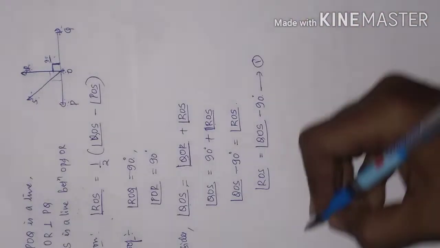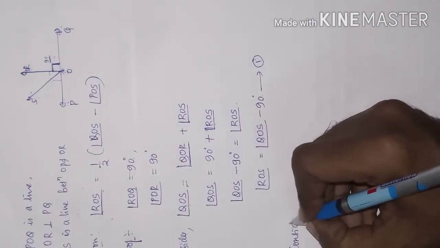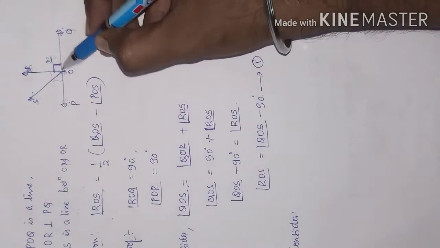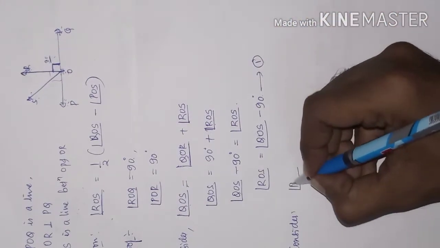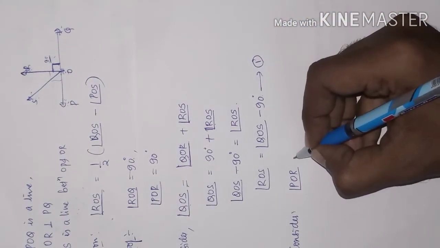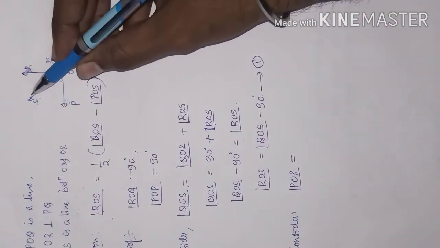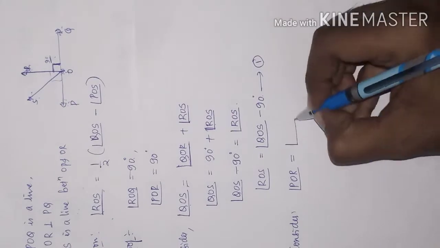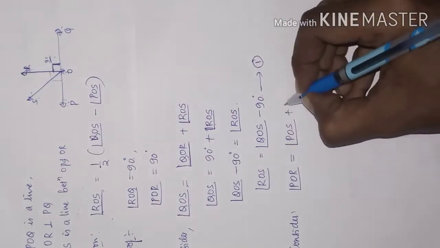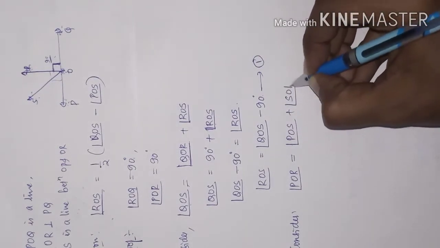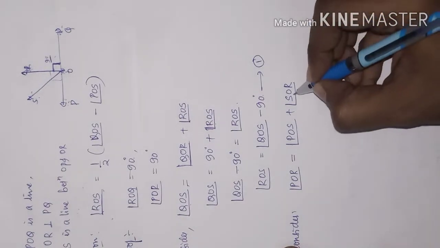Next we will consider one more angle, that is angle POR, which is equal to, what all angles does it consist of? POS and SOR. Angle POS plus SOR, or you can write it as ROS also.